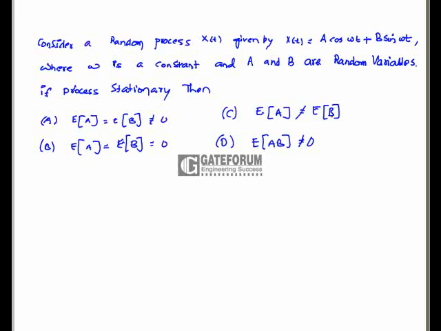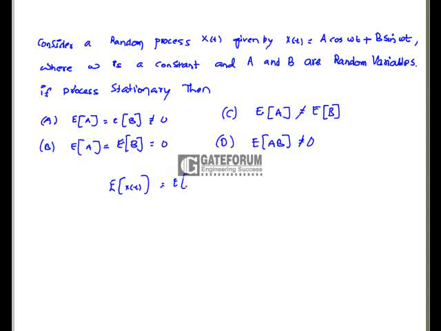Consider a random process x of t given by x of t equals a cos omega t plus b sin omega t, where omega is a constant and a and b are random variables. If a process is stationary, then for a stationary random process, the mean should be constant. That is, expectation of x of t should be constant. It should not depend upon time.